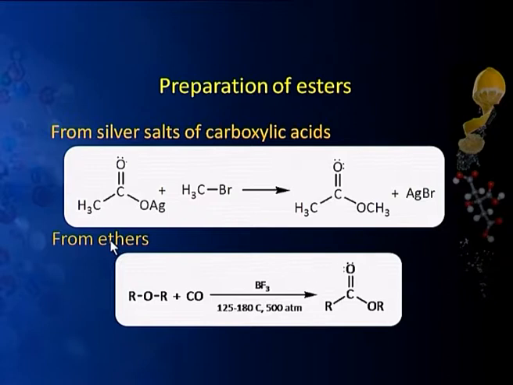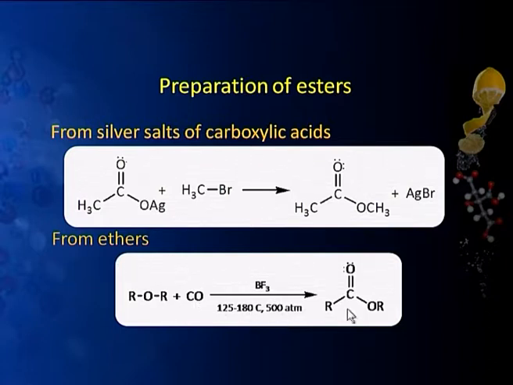Then ethers can also be converted into esters. This is not a very general reaction because this requires very drastic conditions, but industrially it is used. Ethers undergo condensation with carbon monoxide. Boron trifluoride is used as a catalyst. The temperature is generally between 125 to 180 degrees Celsius, but the pressure is very high, almost 500 atmospheres.